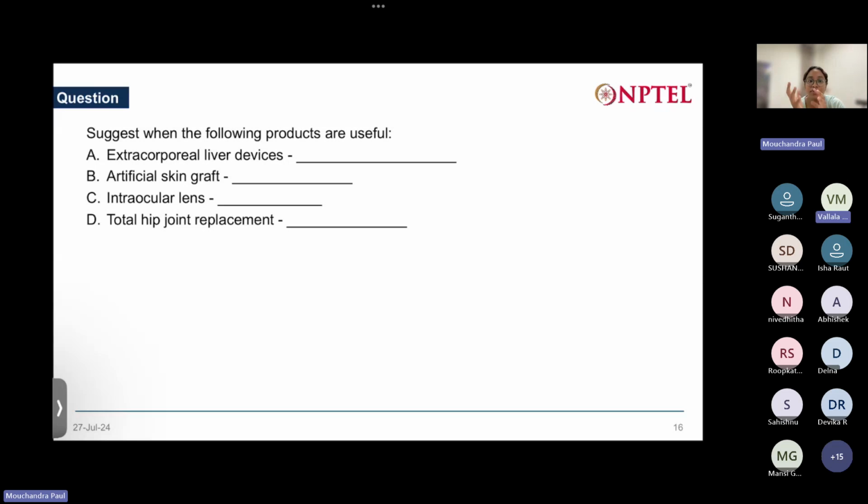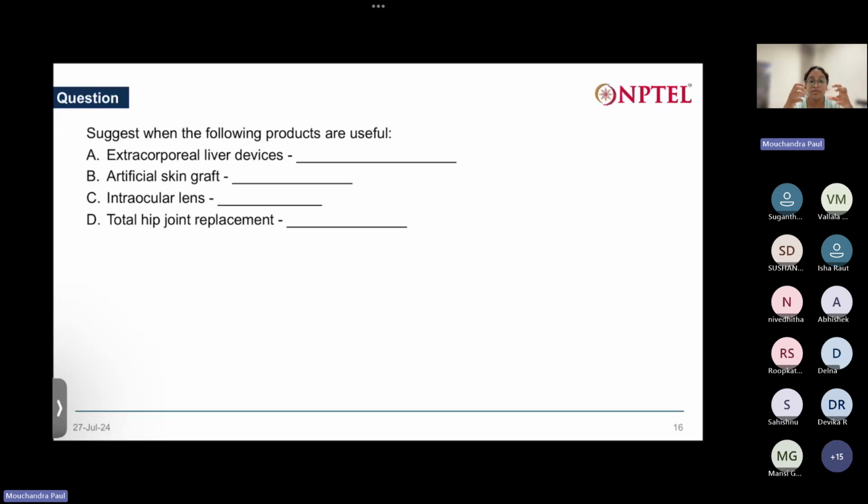So these are some liver devices. If you are not familiar with them, let me briefly explain first. These are artificial livers, you can say, where the liver cells or the hepatocytes are cultured on a biocompatible, porous biomaterial through which nutrients and oxygen can diffuse, but immune cells cannot get in.